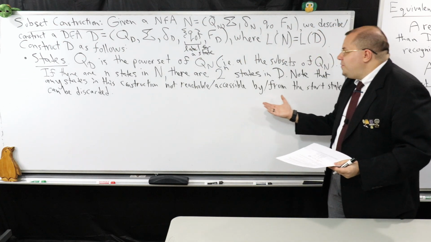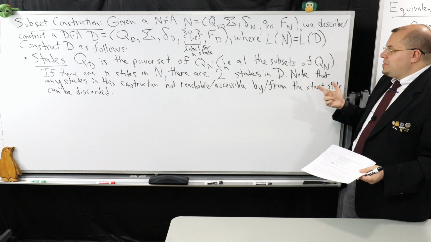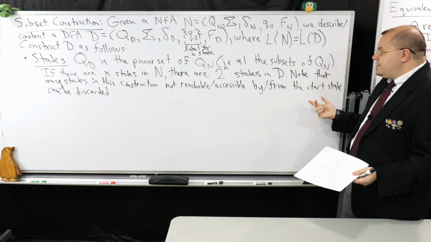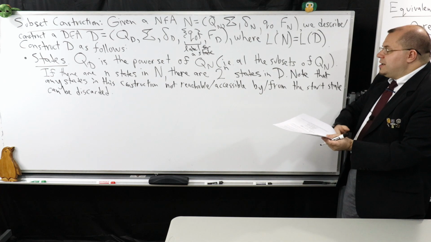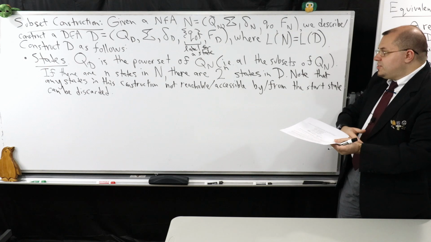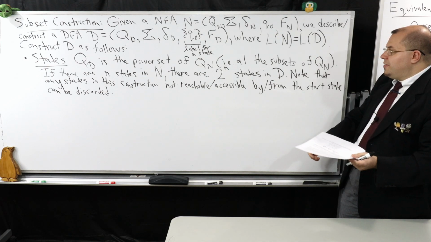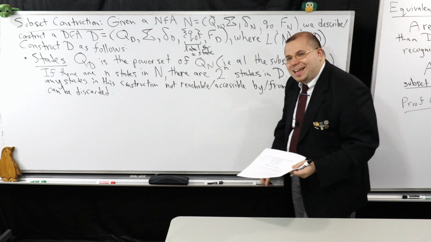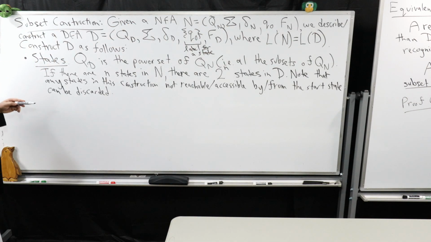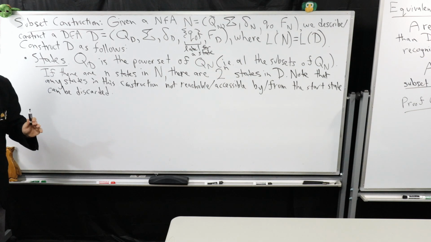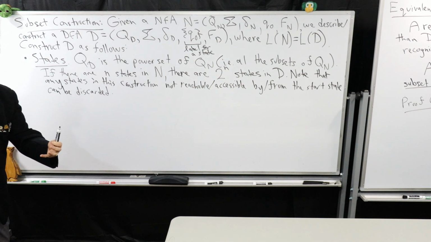If you're thinking, okay, Dan, well, there could be 2 to the power n states, it's worth noting that for a lot of the examples you're going to see, this is not actually the case, if you really just want a DFA that does what it says it does. In reality, there are very often states that will never be reachable, and I mean that in the graph theoretic sense.